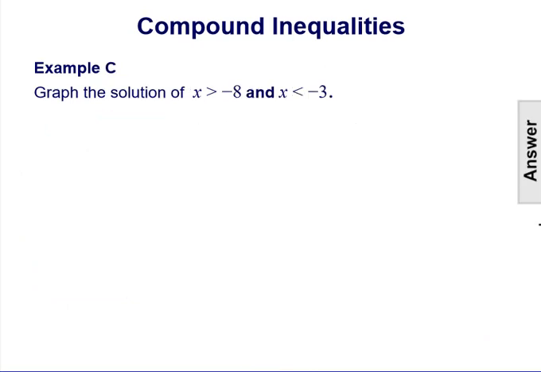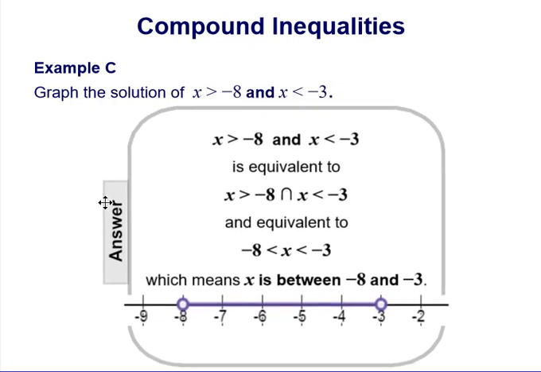Here's another example. Let's go back to "and" just to make sure we're understanding what we're doing. So we have x is greater than -8 and x is less than -3. So it's equivalent to the intersection of the two inequalities.